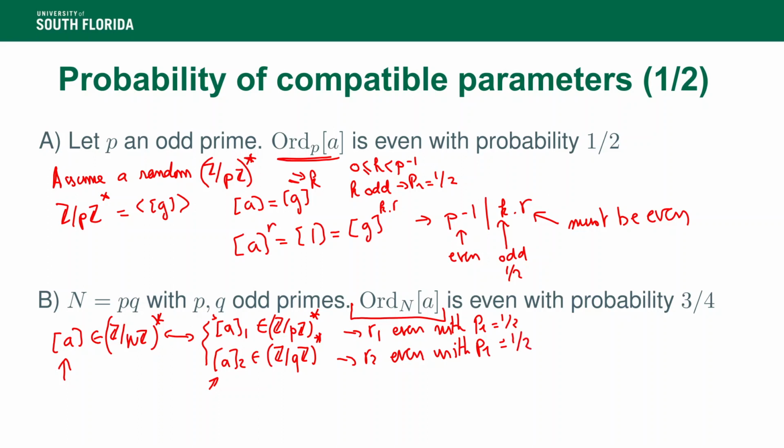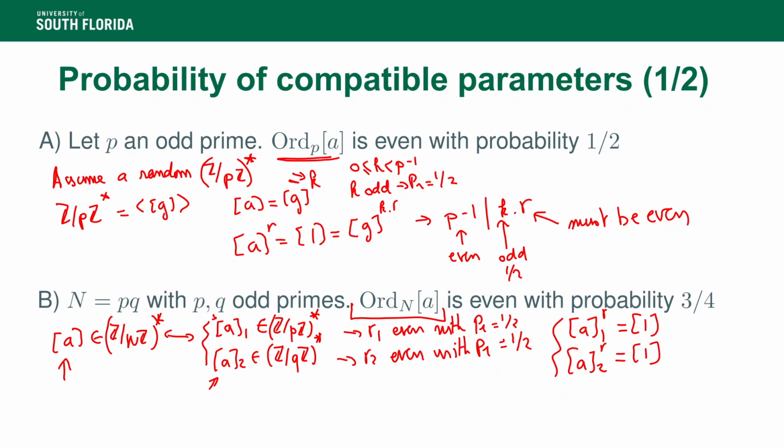Now, A sub 1 to the R is equal to 1, and A sub 2 to the R is equal to 1 as well, because we have this morphism which maps a class mod n to the class mod p and the class mod q.